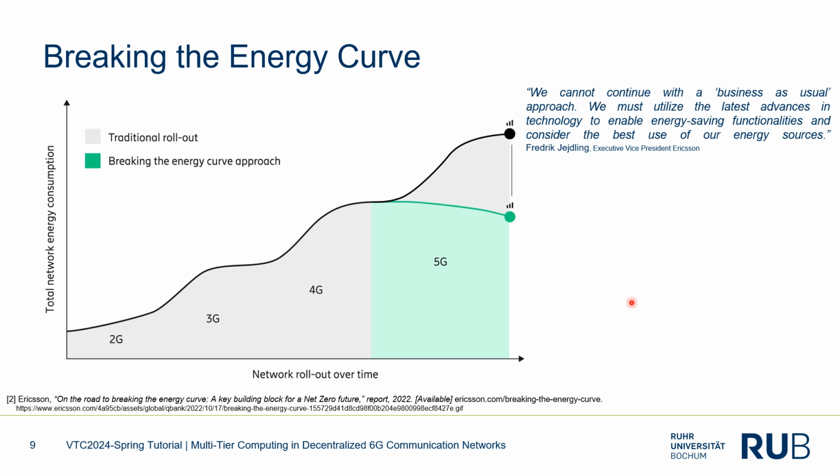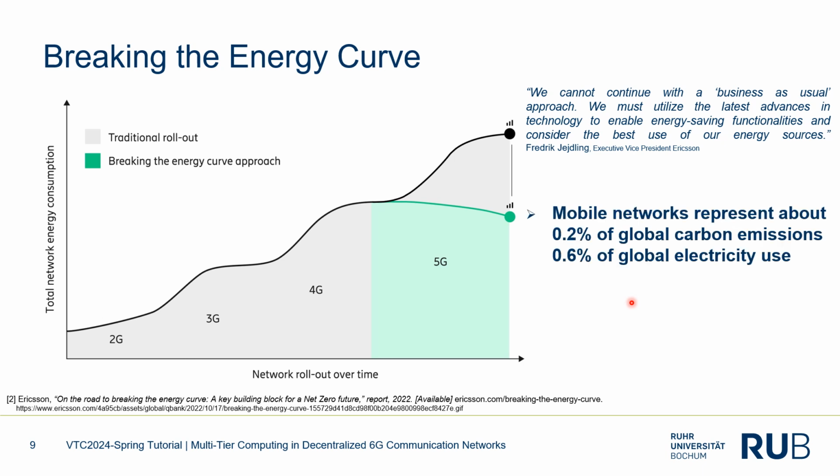This will help us reduce the overall emissions caused by mobile networks, which are at 0.2% of global emissions right now, and also the use of global electricity, which is at this point 0.6% globally. An interesting fact is that the radio access network consumes most of the energy across the mobile network.